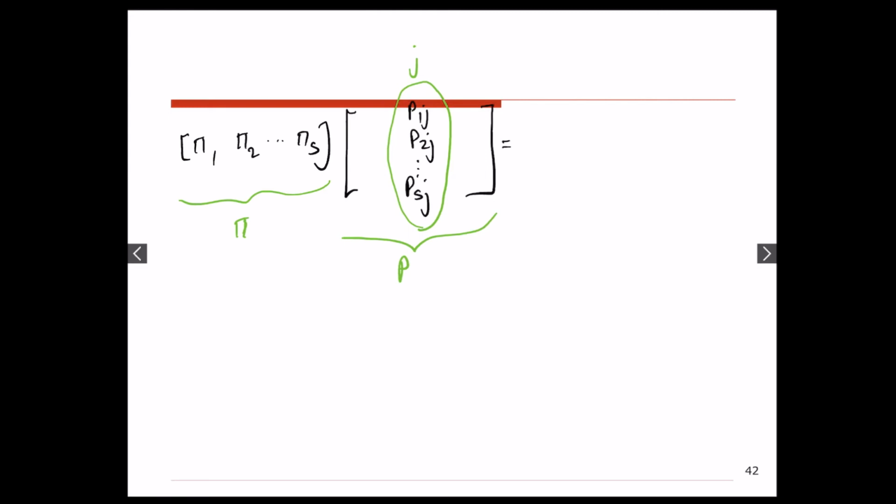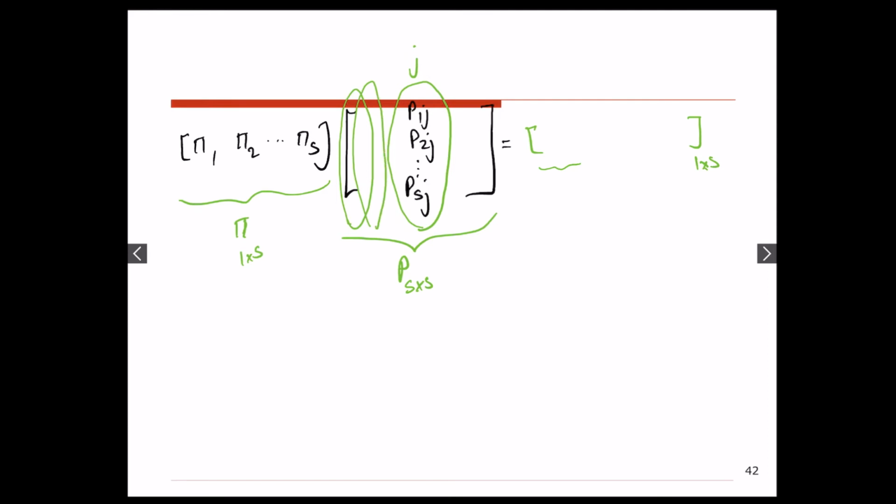If the size of vector pi is 1 by S, and I multiply it by matrix P, which is S by S, the resulting vector is going to have a size of 1 by S. For each element of this vector, for the first element, I have to multiply vector pi by the first column of this matrix. For the second element, I have to multiply vector pi by the second column of this matrix, and so forth.